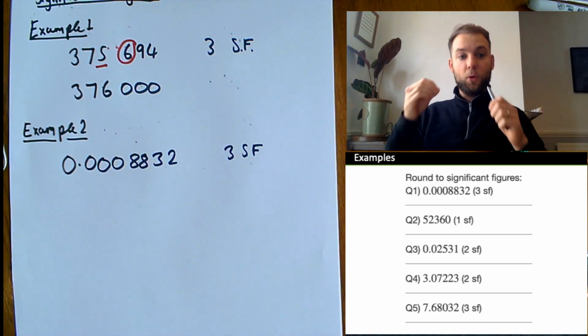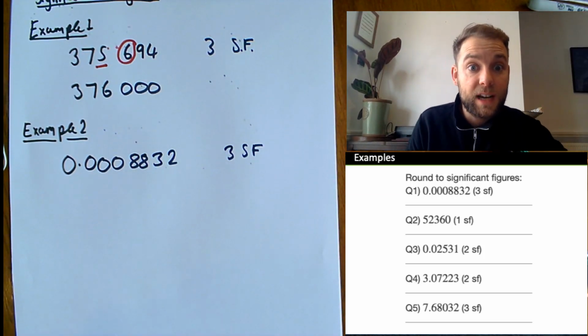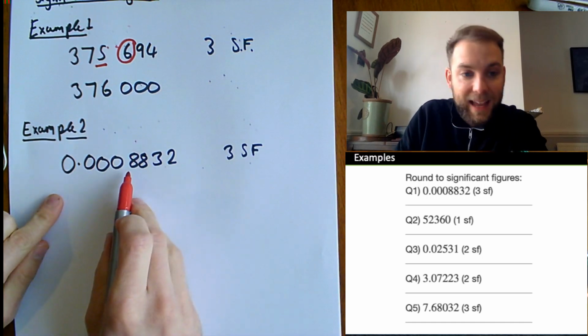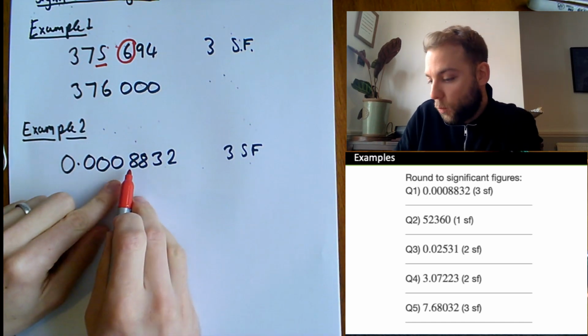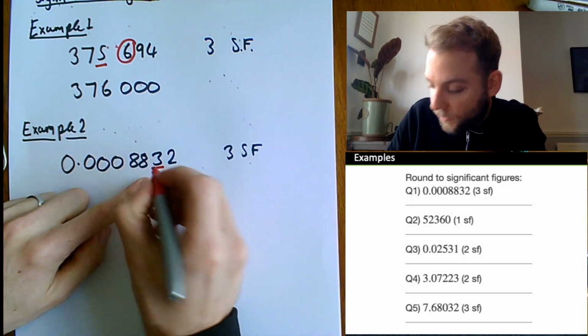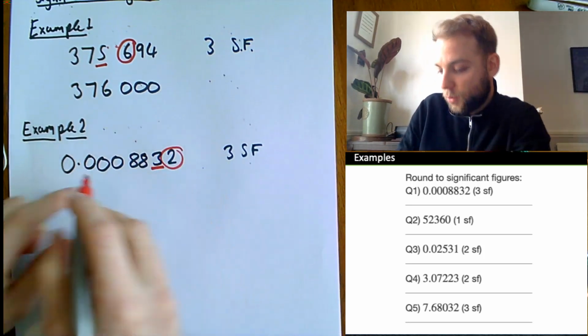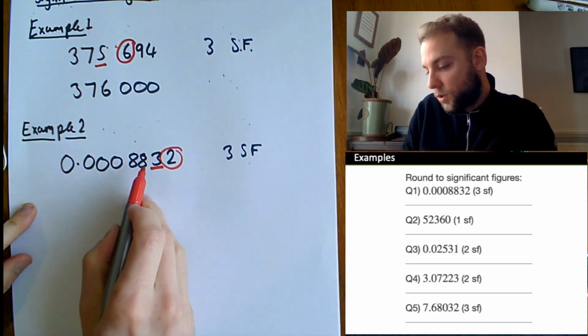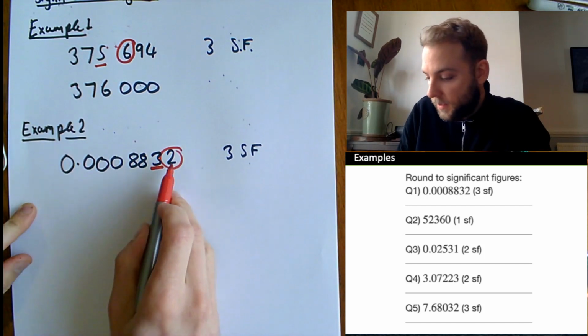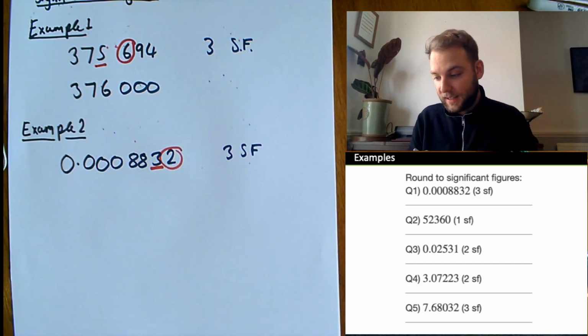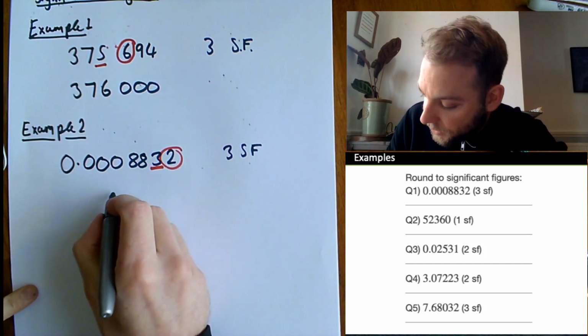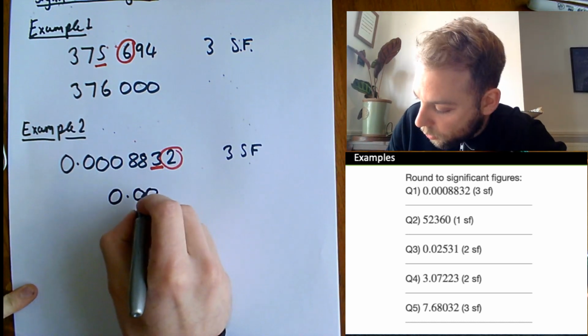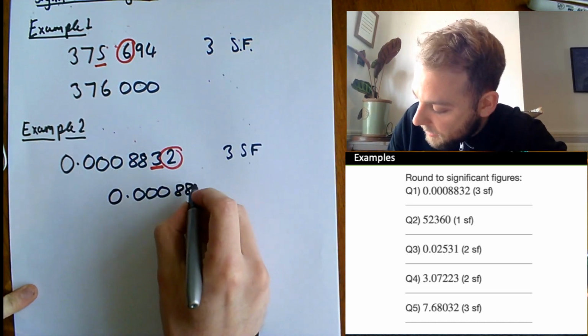Now it says you always start with your first non-zero digit, and in this case that is the 8. So here 1, 2, 3 significant figures is here. So all of these are 0. 1, 2, 3. This is a 2, which means it's going to stay the same. So if I'm rounding this to 3 significant figures, it's going to be 0.00883.